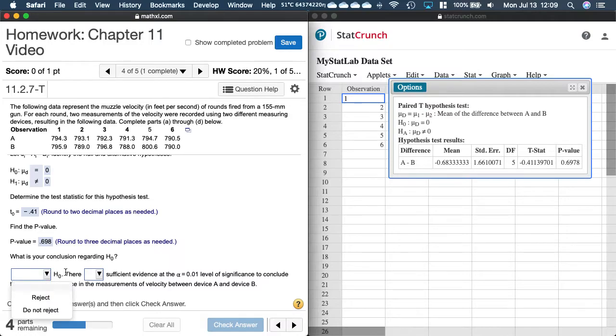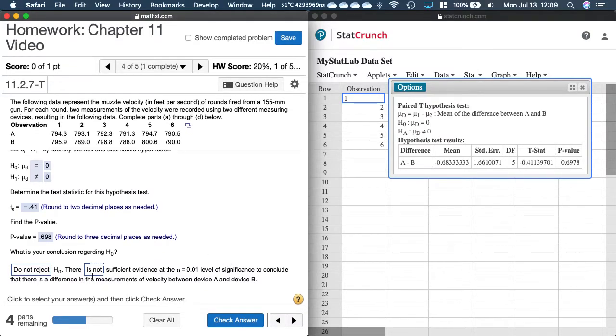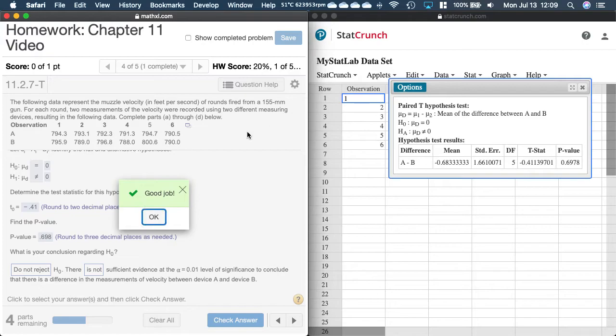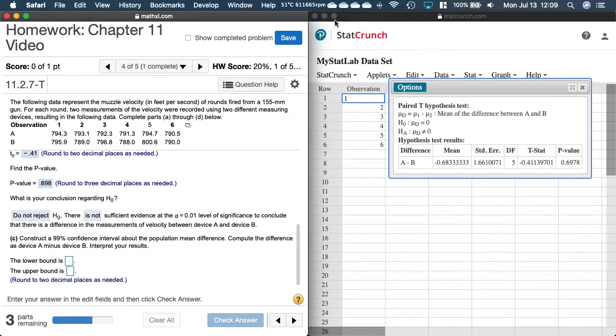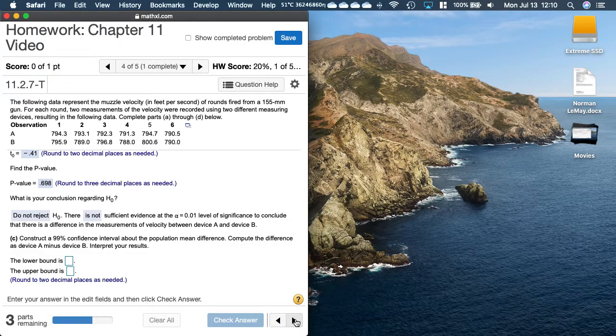So our conclusion is do not reject: there is not sufficient evidence to conclude that there is a difference in the measuring between these two. We'll go ahead and get our good job. Pat ourselves on the back. All right, we're good to go with that one.